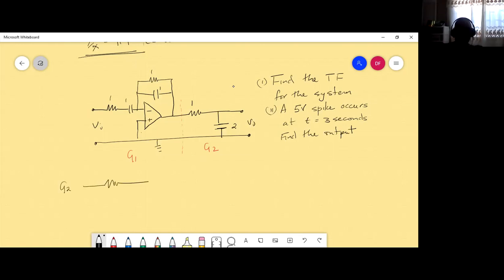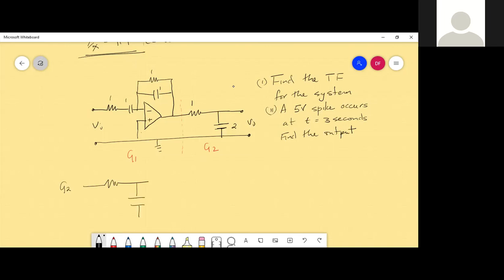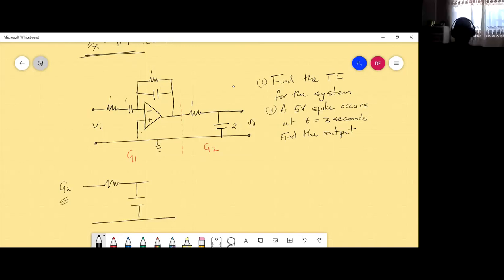So we have the capacitor. Those are ones, resistance and farads numbers. So this is 1, and this is 1 over 2s. So G2 is going to be equal to 1 over 2s over 1 plus 1 over 2s.